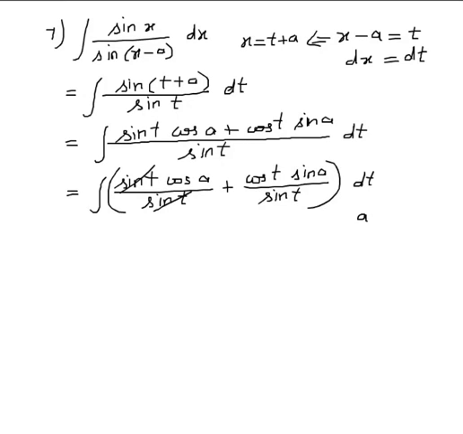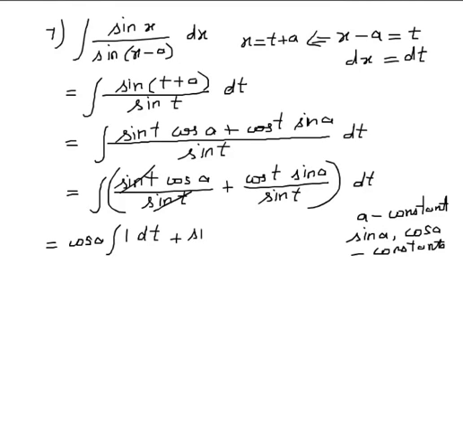A is a constant. Therefore, sin A and cos A are also constants. Now the first integral is cos A is a constant. Remove it outside the integral. So we have 1 dt. And sin A is a constant. Take it outside the integral.